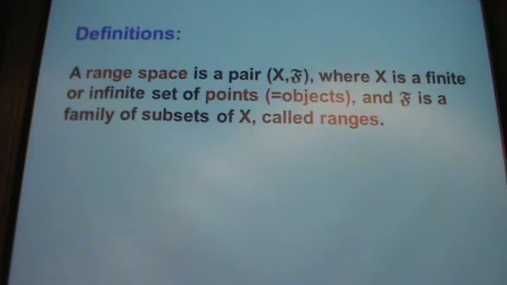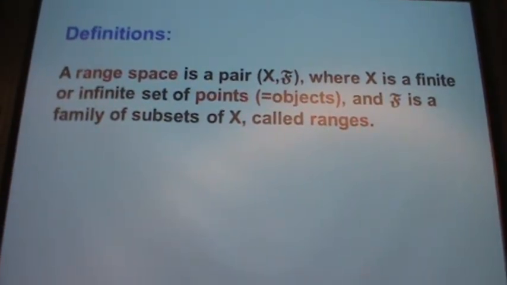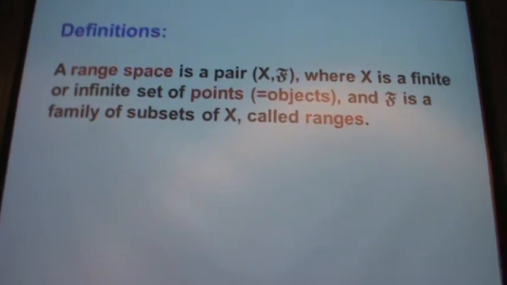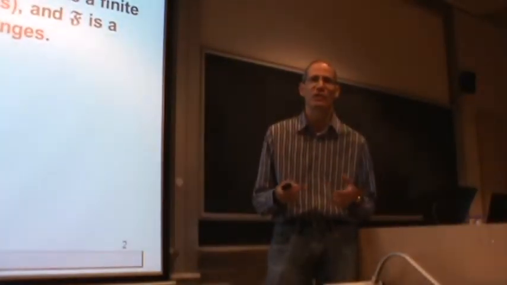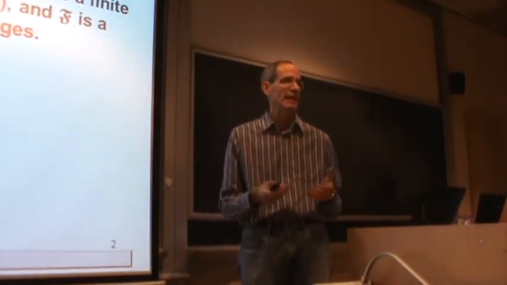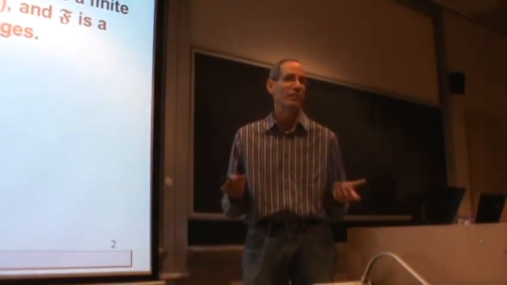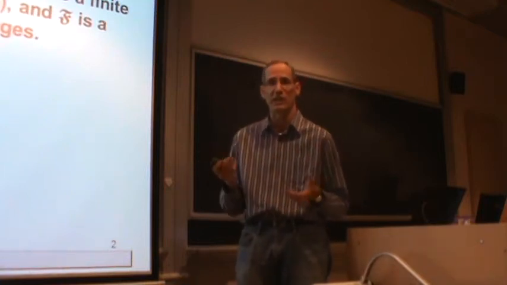Okay, so I want to define everything. I don't want to assume anything. And the first definition is the definition of a range space. So the range space, or a hypergraph, if you prefer this terminology, is an ordered pair, and it has a set X, which could be finite or infinite, and this will be a set of points or objects.